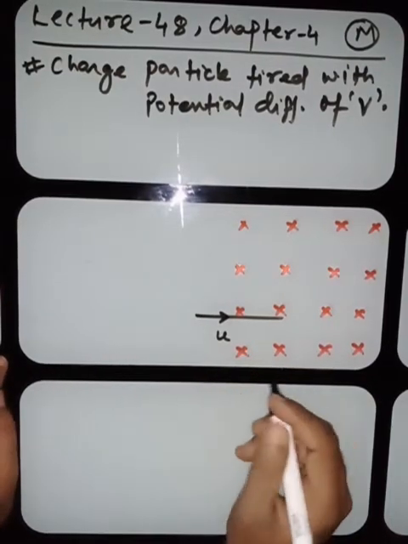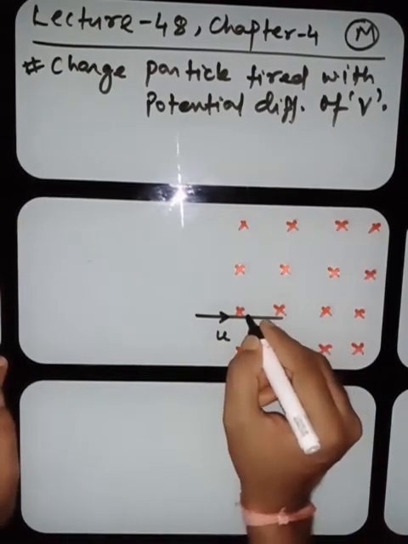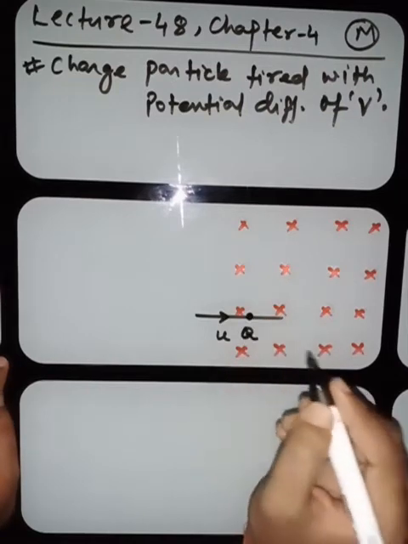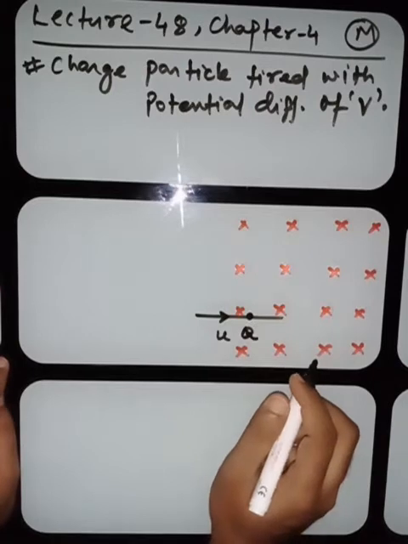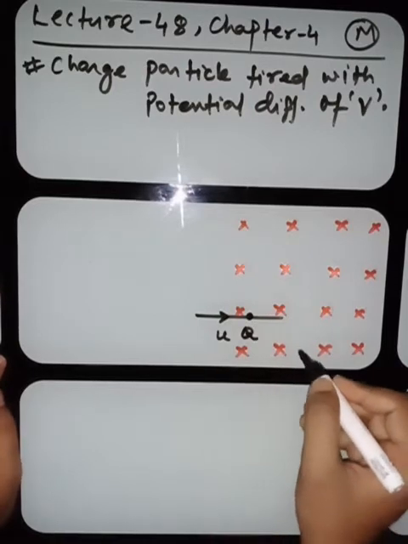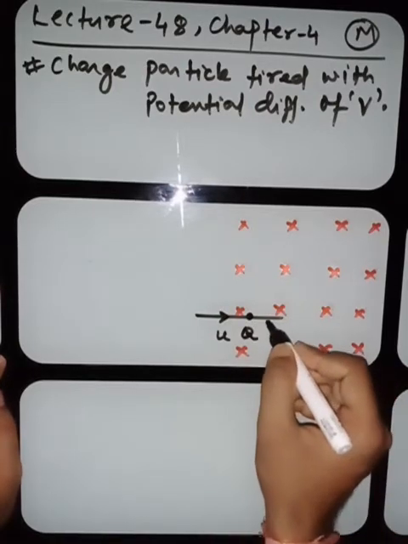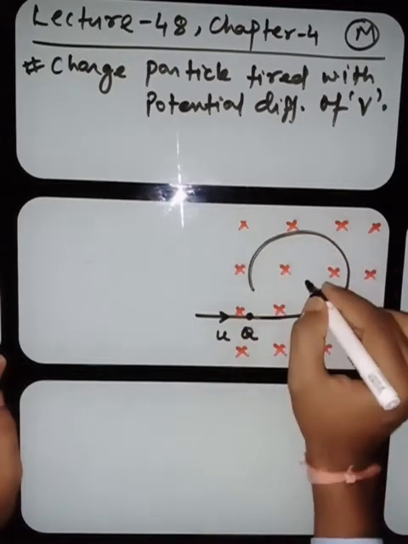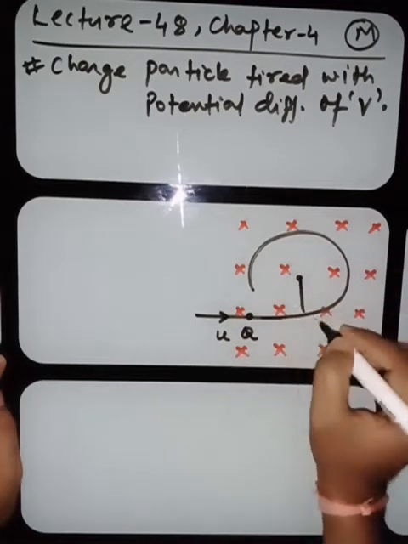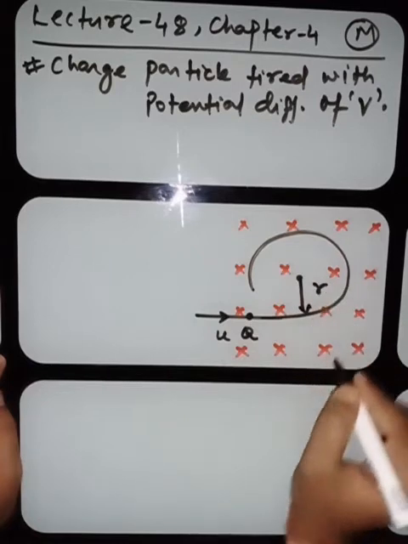Yes, this is a charge Q. It is moving inside the magnetic field. After entering the magnetic field, it will move on a circular track, and we have to find the radius. Actually, this is our question.